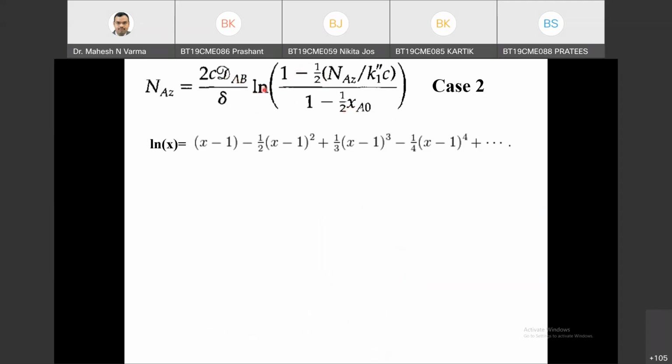Then ln of this plus this, you can write like this. And for ln x, you can use ln x equals 1 minus x, neglecting all higher order terms. Substitute that.